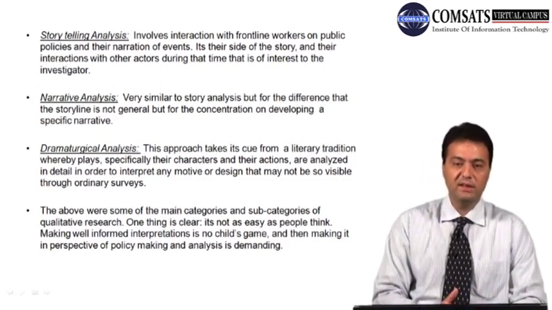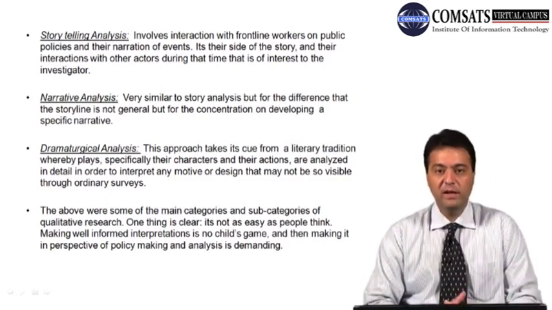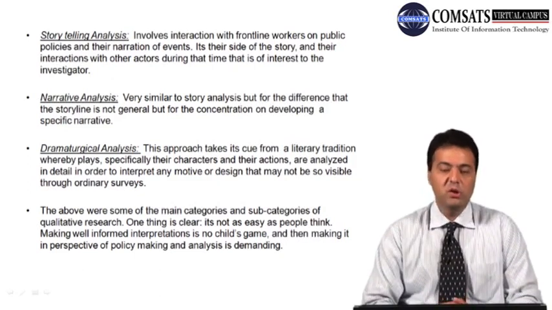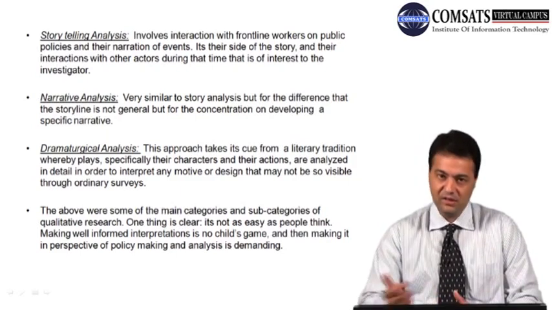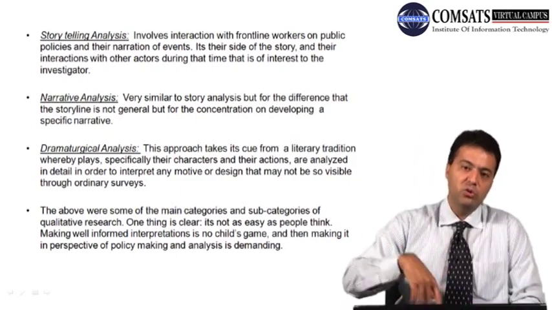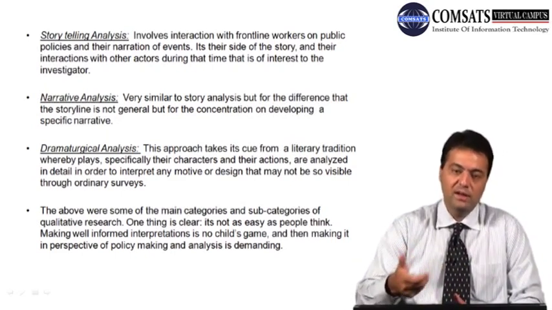You wouldn't be asking, I gave the example of a criminal. You wouldn't be asking the criminal to tell the whole of the story. You would be just asking him or her to tell a specific part of the story. Suppose, for example, you might ask the criminal about activities in a certain area rather than in general, and what he or she has been doing all over the country or all through their lives.